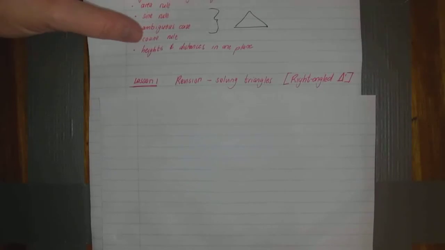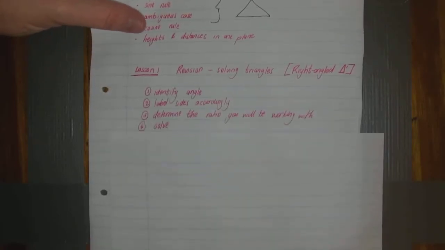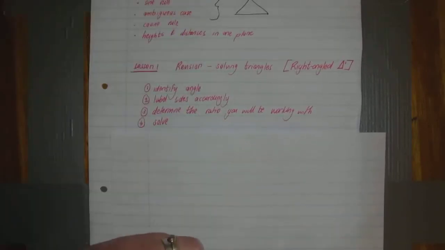So for the first lesson, we are going to revise how we would solve triangles if they were right-angled triangles. Now, when I do grade 10 trig, I go through the following steps with my grade 10s. First, I would encourage you to use a highlighter.